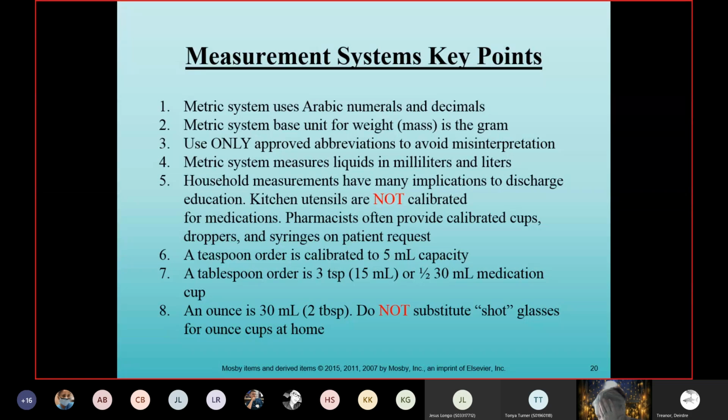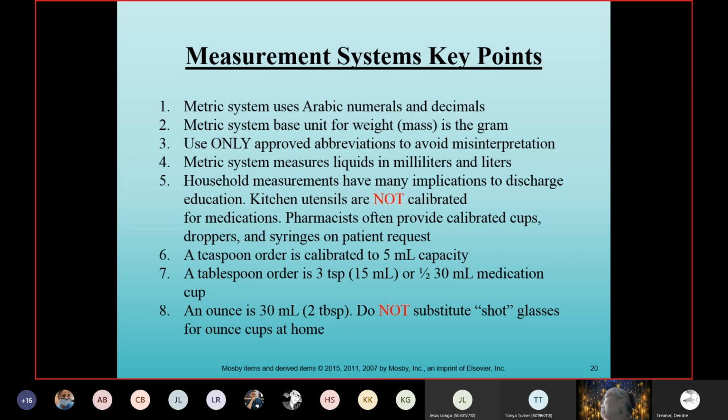In the metric system, the only measurement in weight is a gram. You might have a kilogram or milligram, but it will always be in a gram. Use only approved abbreviations. Liquids are measured in some kind of liter, so milliliter or liter.